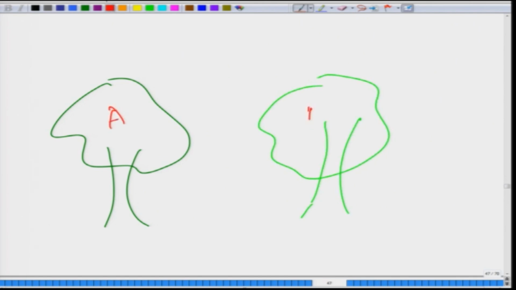Let us call these A and B. Both the trees are getting equal amount of sunlight, but the efficiency in the case of A is very high and the efficiency in the case of B is very low. So, in this case, A will be fixing much more carbon dioxide using the energy that is available, and will show a greater amount of growth as compared to species B.